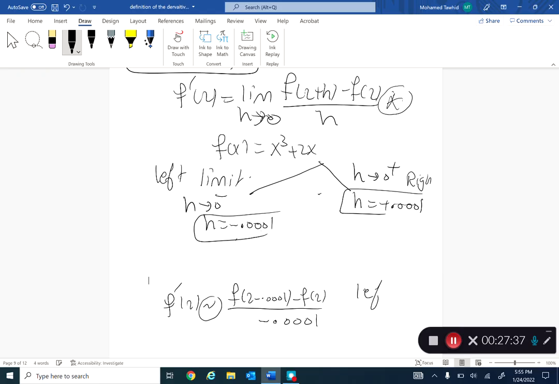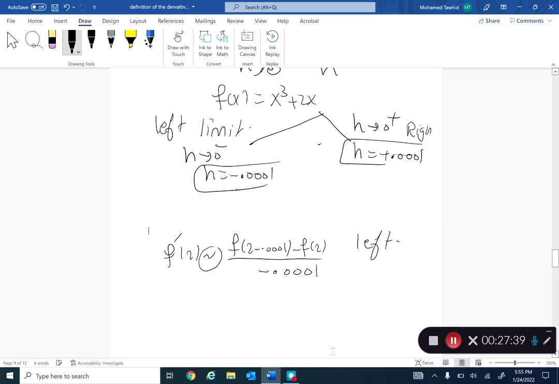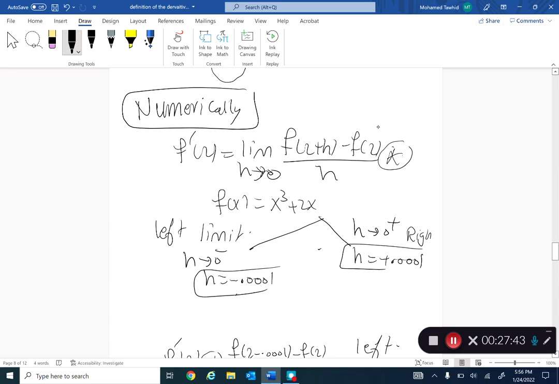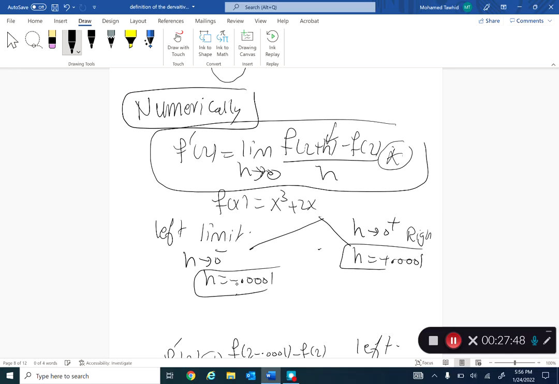That is our left, right? Then how did I get the left? Again, just go to this equation here and replace h by negative 0.0001. If I replace h by negative 0.0001, the f of 2 will be the same, right?